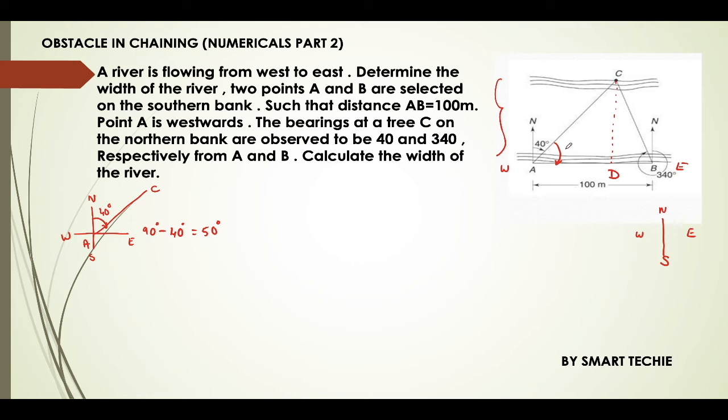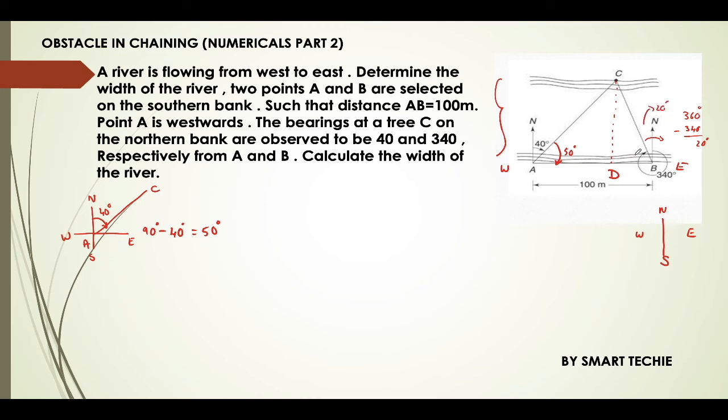Similarly here, the bearing with respect to north direction is 340 degrees, so this angle will be 360 minus 340, that is 20 degrees.